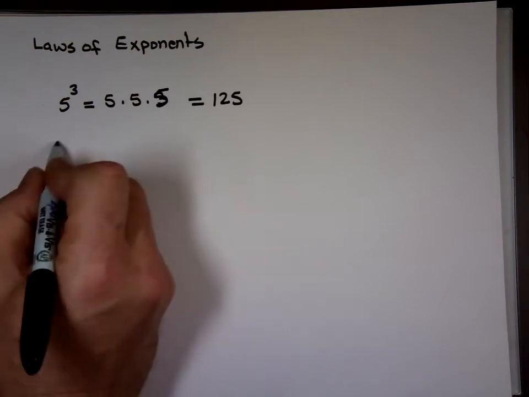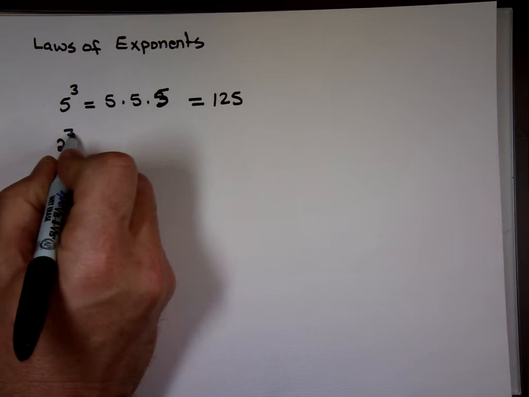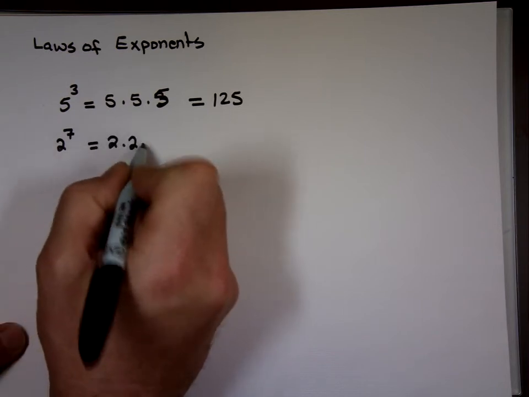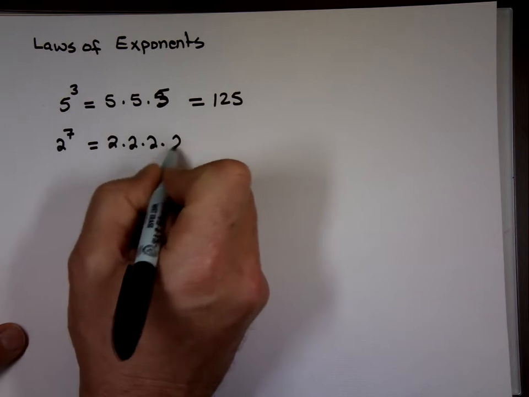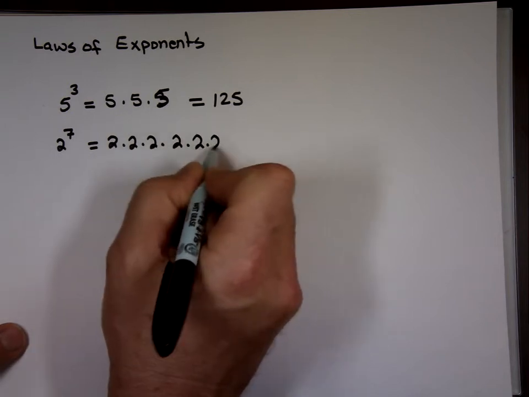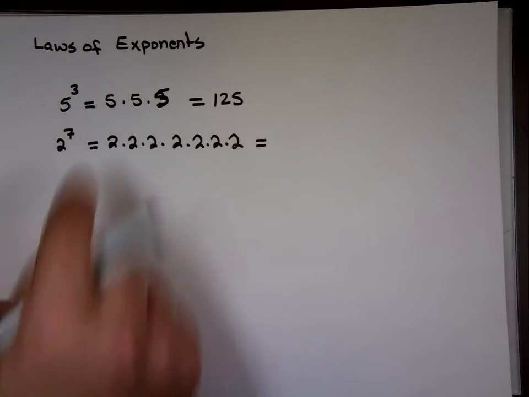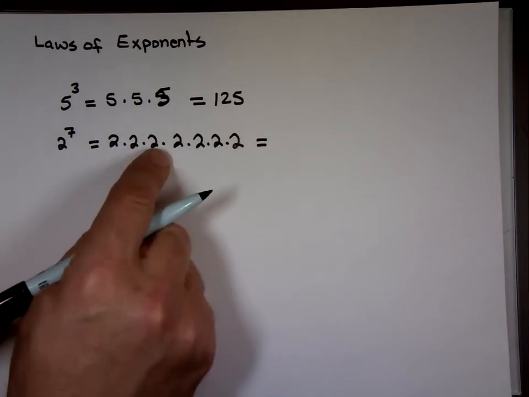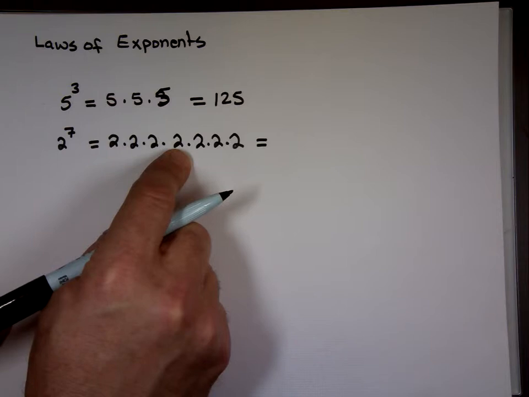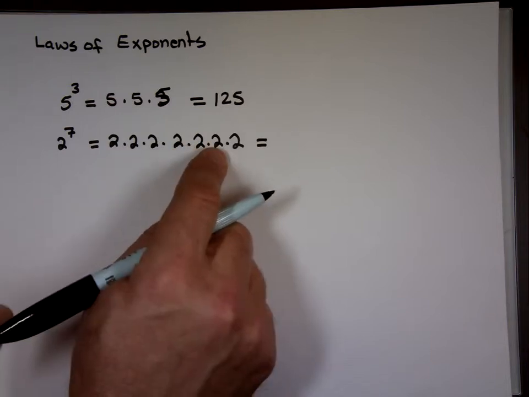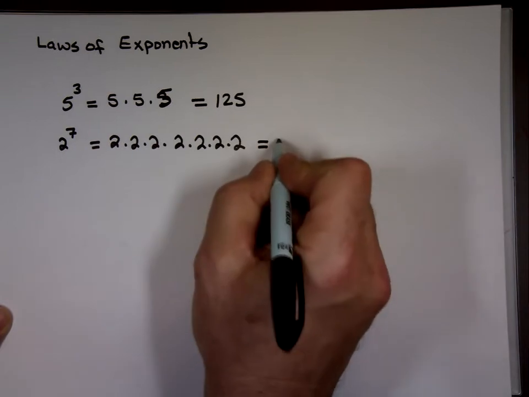When I write 2 to the 7th, that's 2 times 2, how many times? 7 times. 2 times 2, 4, times 2, 8, times 2, 16, times 2, 32, times 2, 64, times 2, 128.